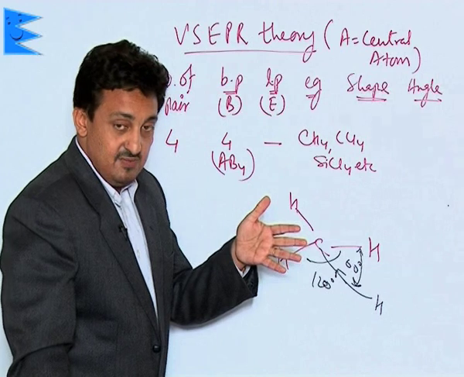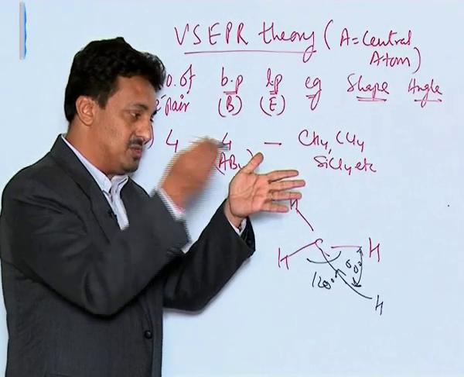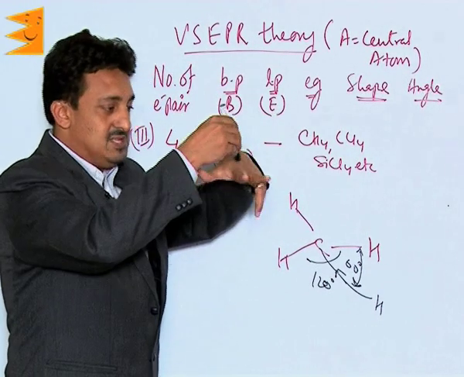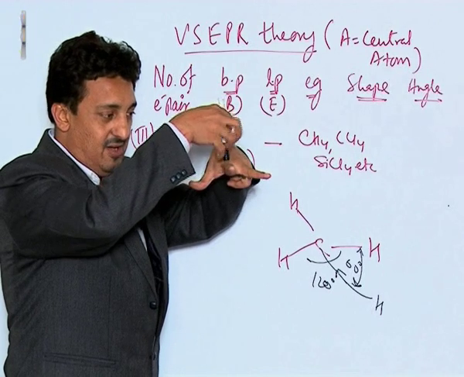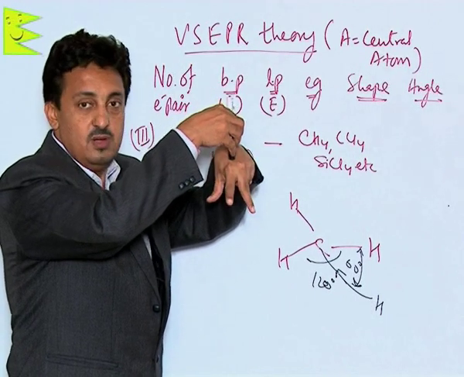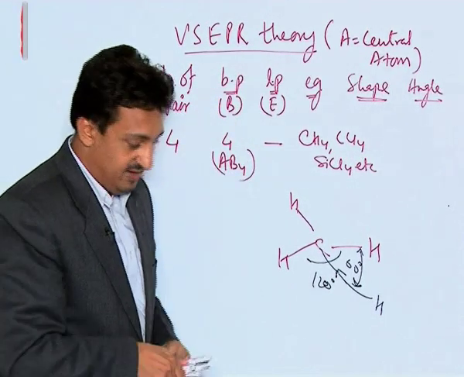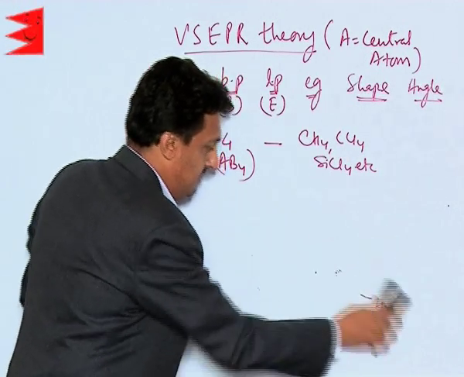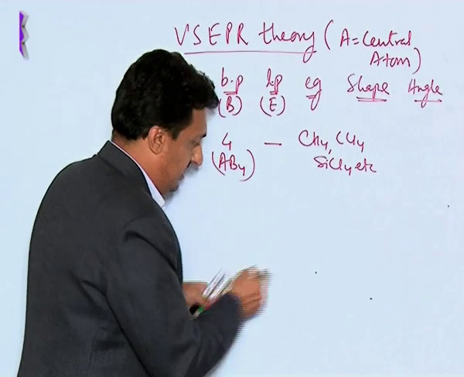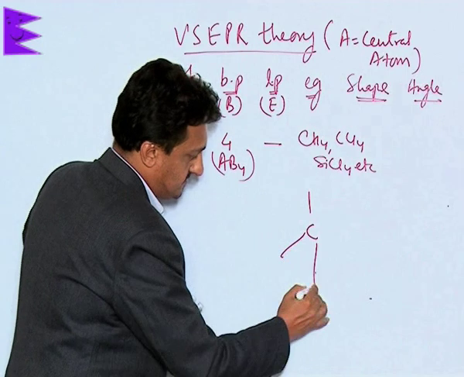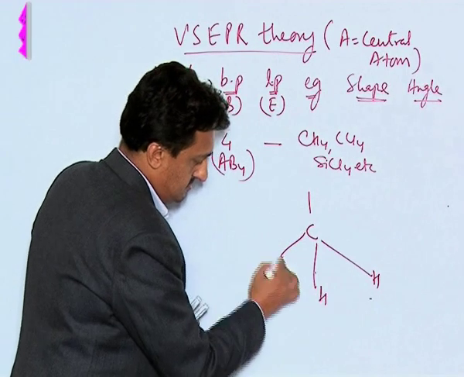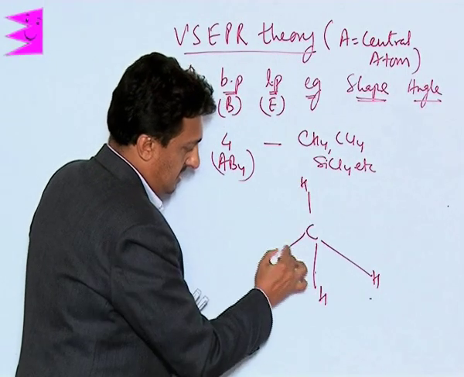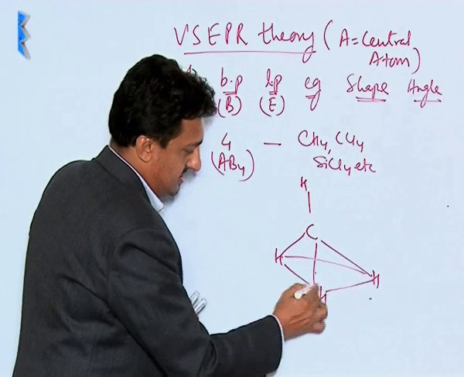Now the 4th bond comes from the top, and this bond bends the other 3 because these will repel, it bends it downward. So as a result, what we find is the structure of the methane becomes like this. It is almost like this.